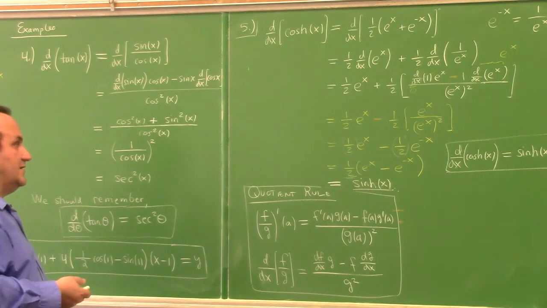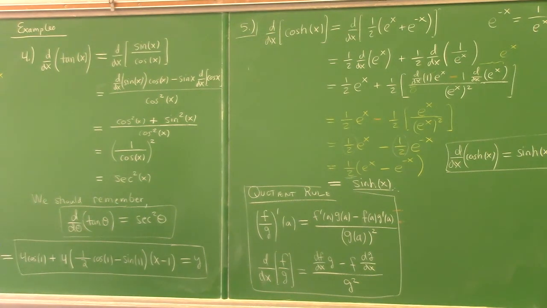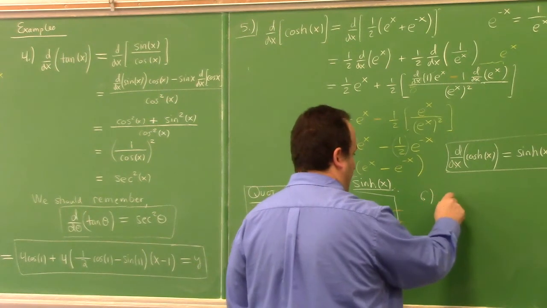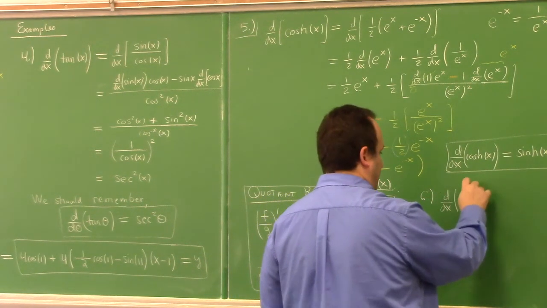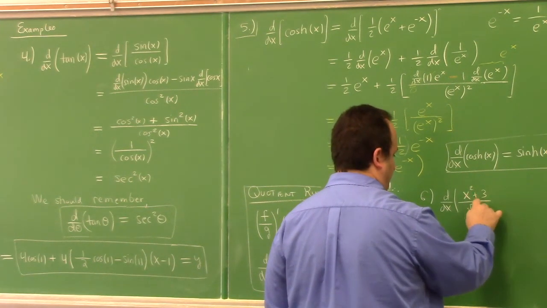That is a somewhat non-standard application of the quotient rule. Another example, d dx of, I don't know, x squared plus 3 over the square root of x minus 7.